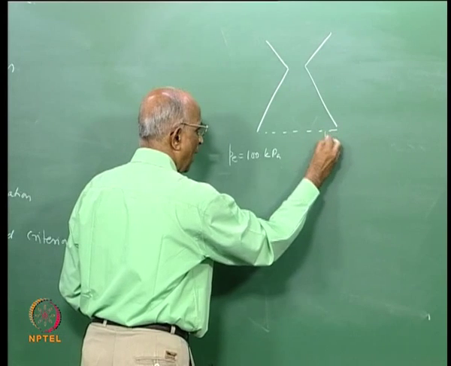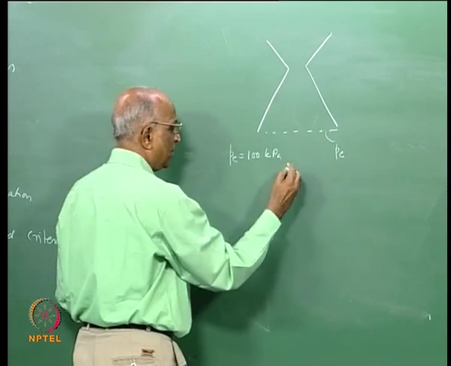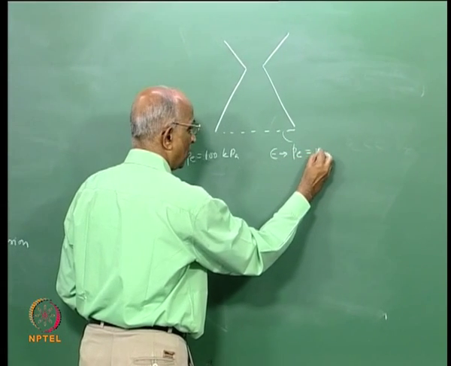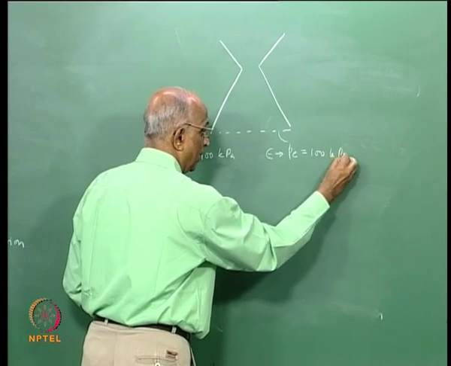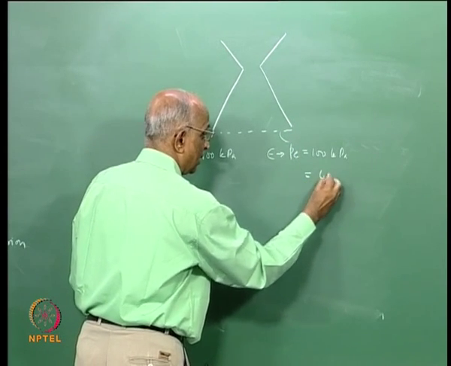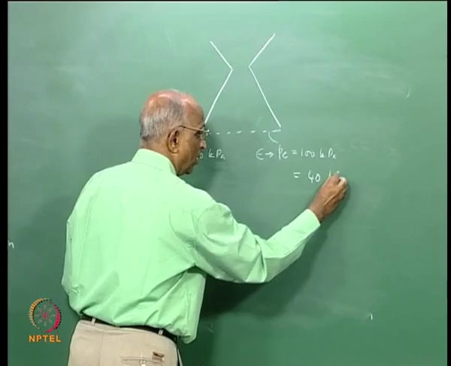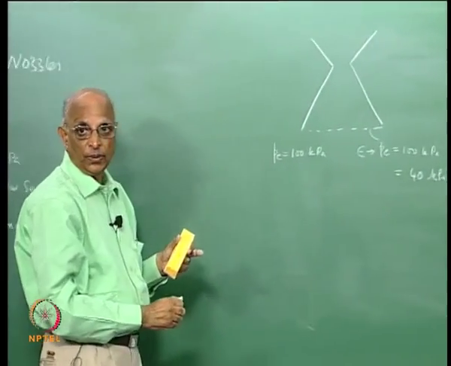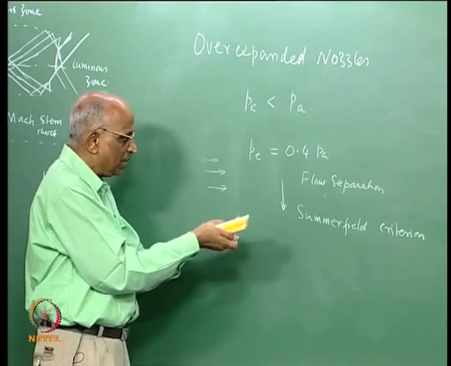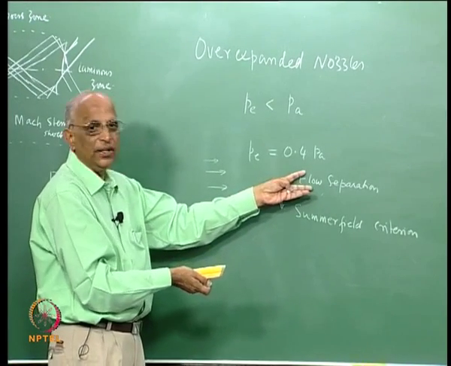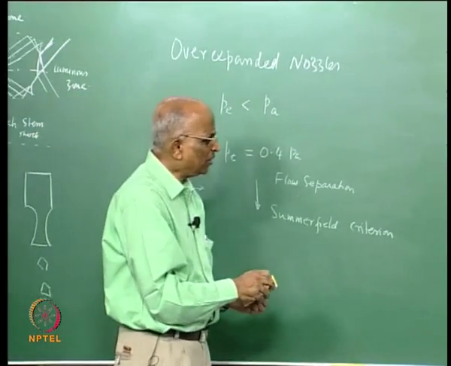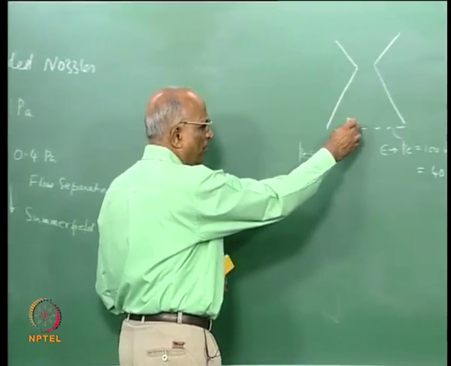Then I do not need to have the area ratio such that the exit pressure is equal to 100 kPa. I can give a much larger nozzle such that the exit pressure is as low as 40 kPa, and this is based on experiments because you find that the inertial effect helps to delay the flow separation process.